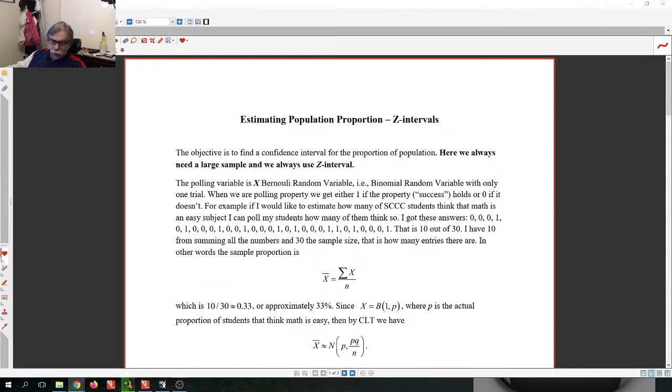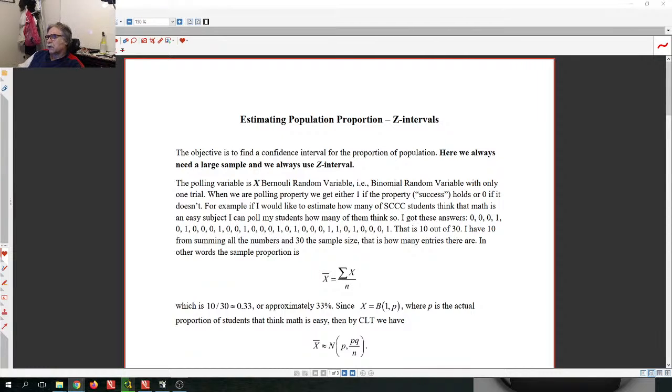The lecture today is about the estimated population proportion, and estimation of a population proportion is always done by using z-intervals, which means that we are going to use the central limit theorem.